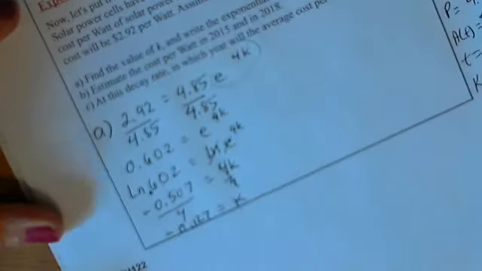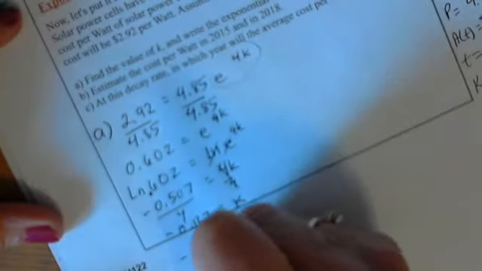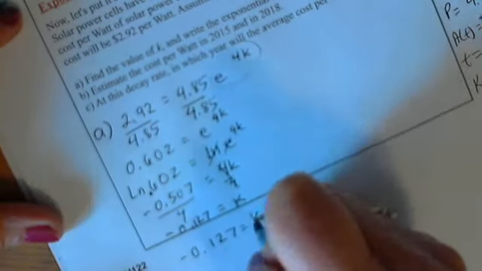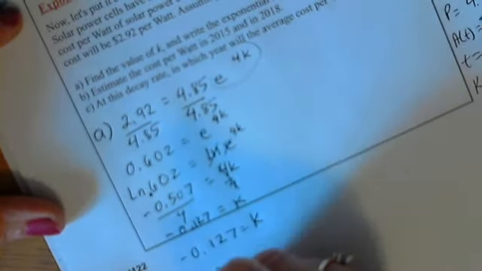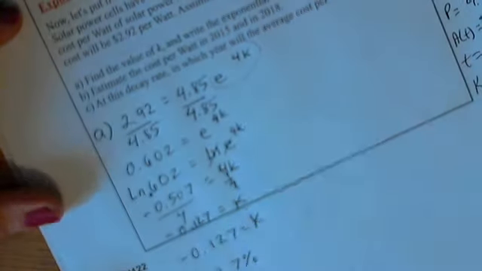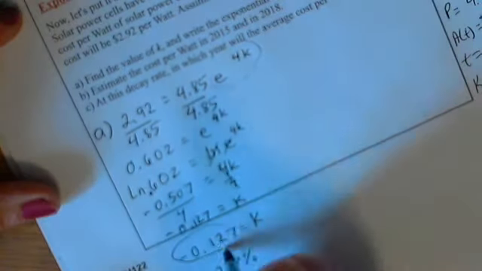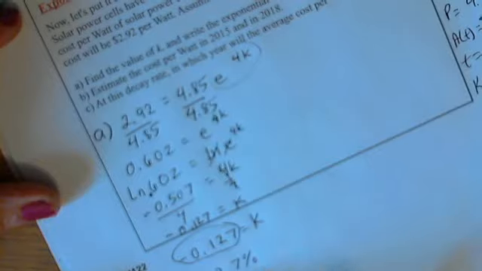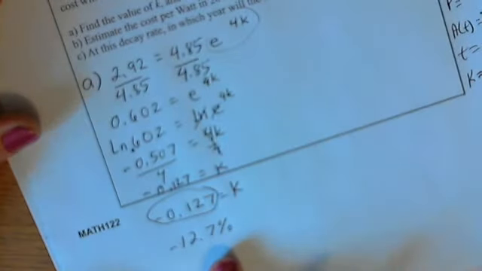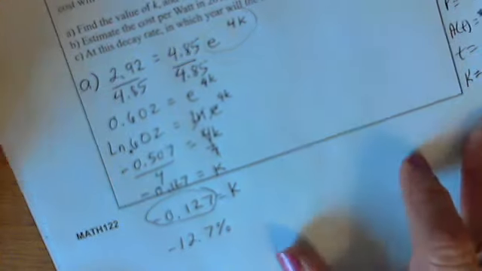I'll write that bigger so you can see it. And if you were asked to make that a percent, that's negative 12.7%. We're going to use this number though as we continue the problem, but just to give you an idea of what's going on, the price is decreasing by about 12 7/10% per year. That's a pretty good decrease. Okay, so we've accomplished letter A.